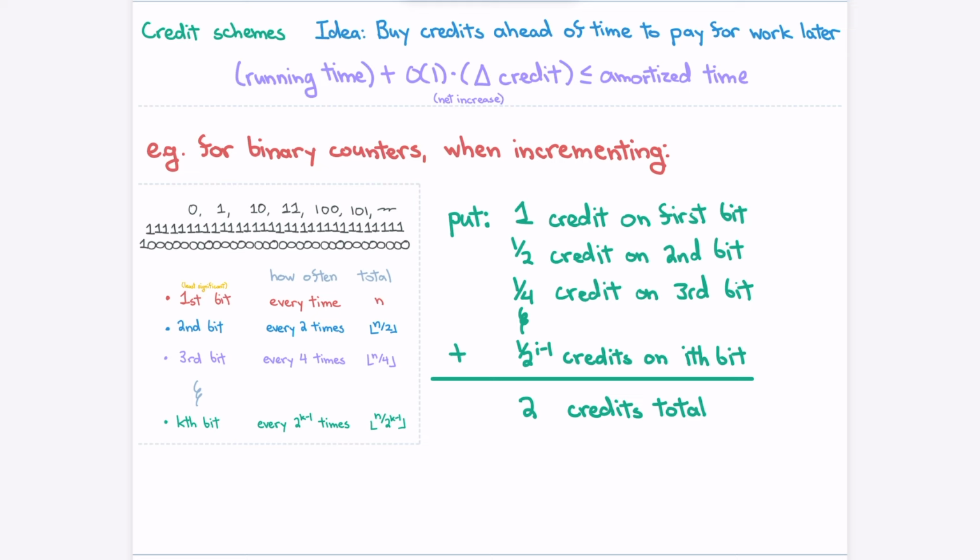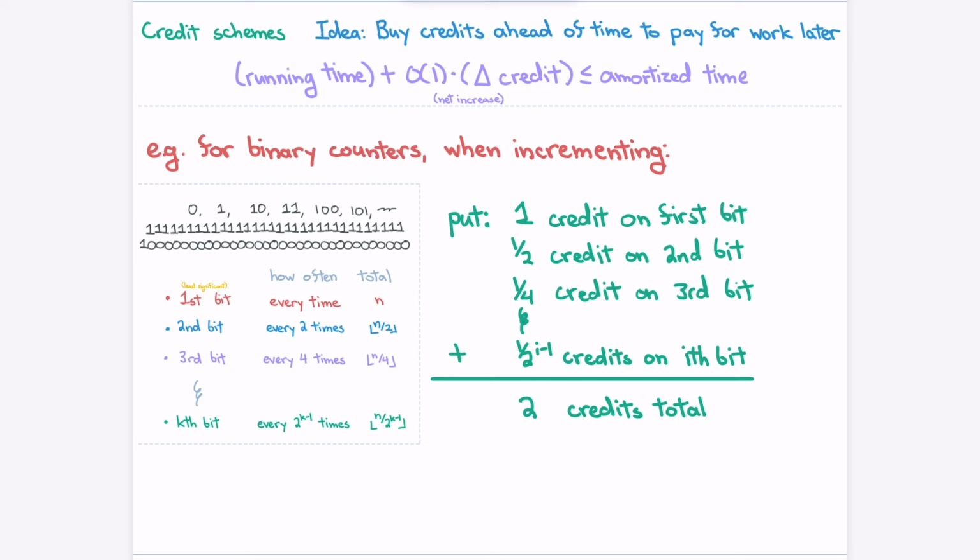Now I need to flip the bits. The first bit is going to be flipped, but I always have a credit in the bank. The second bit flips every 2 times, at which point we'll have 1 credit from 2 of these half credits. The third bit only flips once every 4th time, but whenever that comes up, I already have 4 credits in the bank.